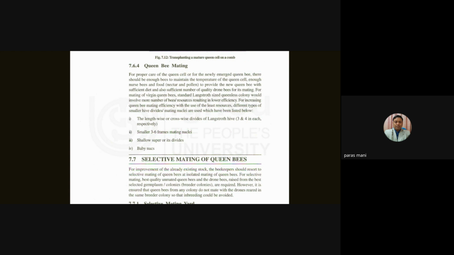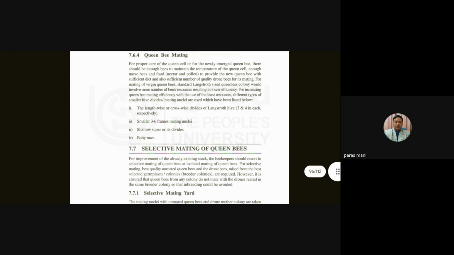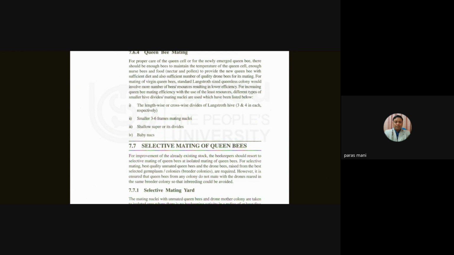You have to take them away from that. And in such conditions, the bee box we use for Apis mellifera is called a Langstroth bee hive box. In this, we can use a smaller one, so that a lesser number of drone bees and worker bees live in that colony.